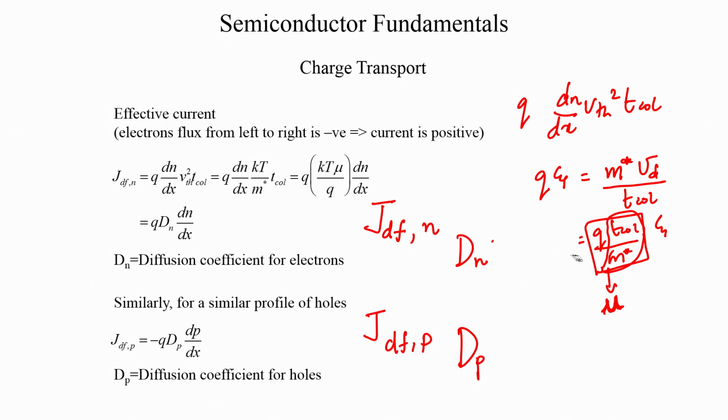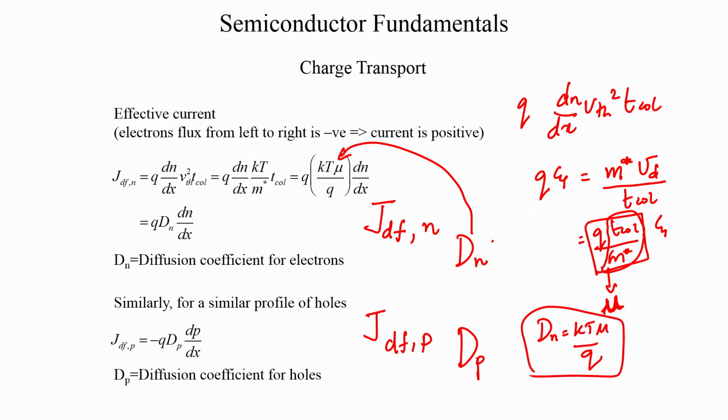It is useful to note this relation, and we can derive this, which I will show you in a little while. So Dn is kT mu by q. This relation is called Einstein's relation.